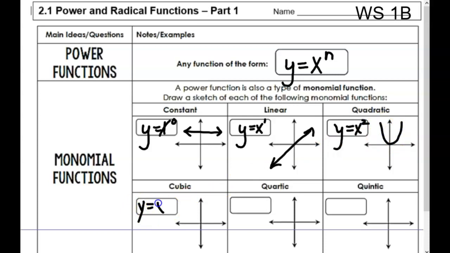If it was y equals x to the third power, it would be cubic. If it was y equals x to the fourth power, it's like a parabola, but it's a little flatter at the bottom. Well, not funky like that. If it was y equals x to the fifth, it's back like a cubic, but it's also flatter in the middle.